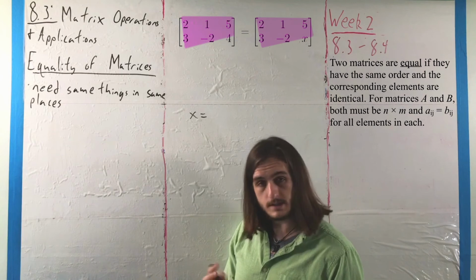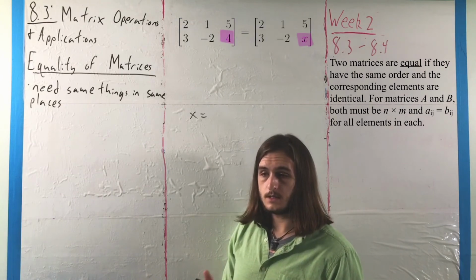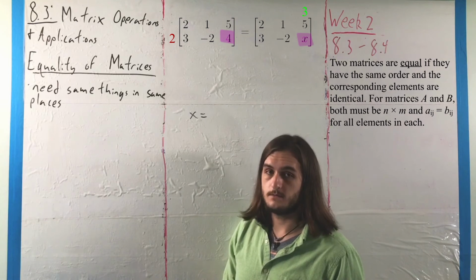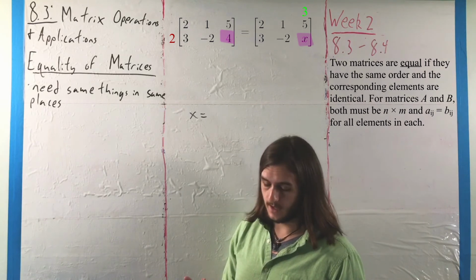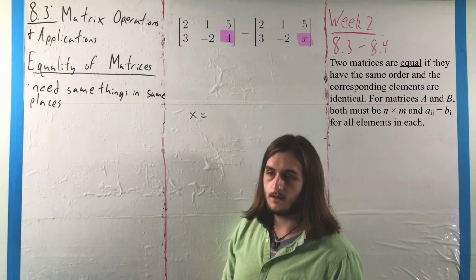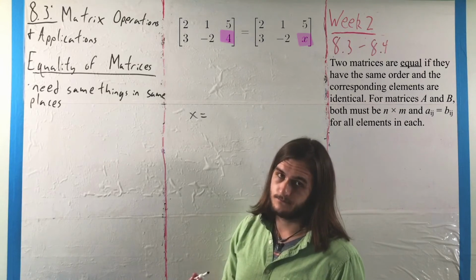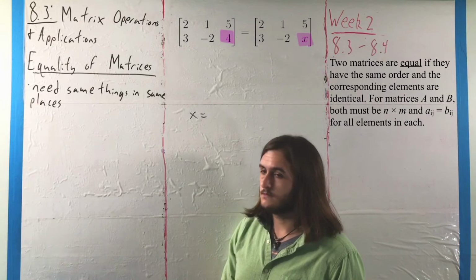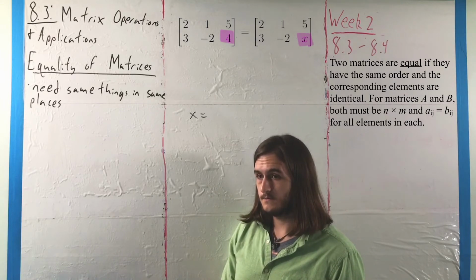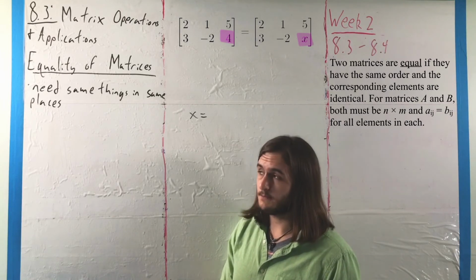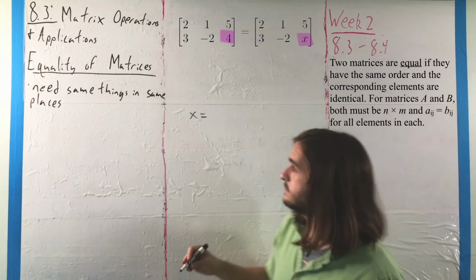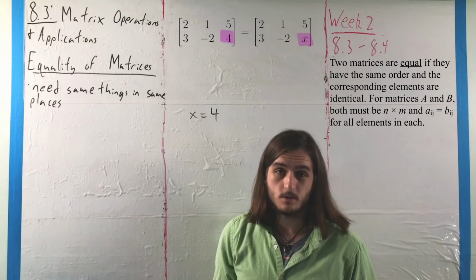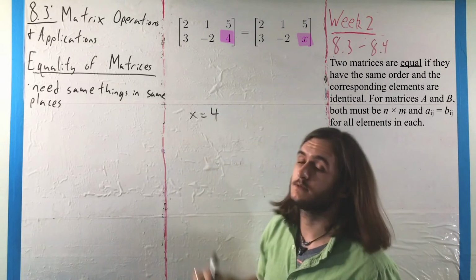The only concern is that bottom right corner, the slot in the second row, third column, element 2, 3, as it were. For the one on the left, that's 4. For the one on the right, that's x. And really, you don't need to overthink it here, because you need the same things to be in the same places. If you want these matrices to be equal, x just has to be equal to 4. And that would make this picture work.